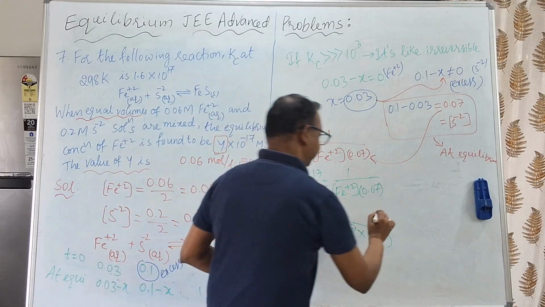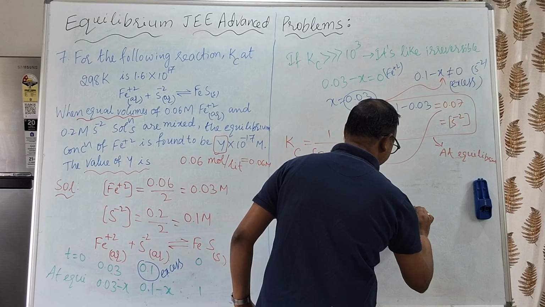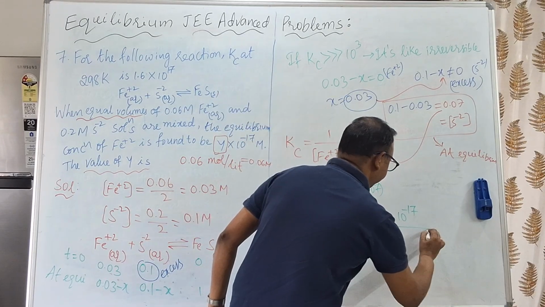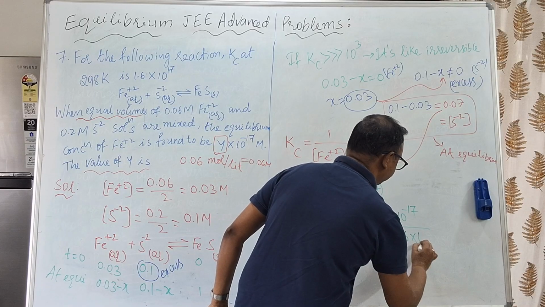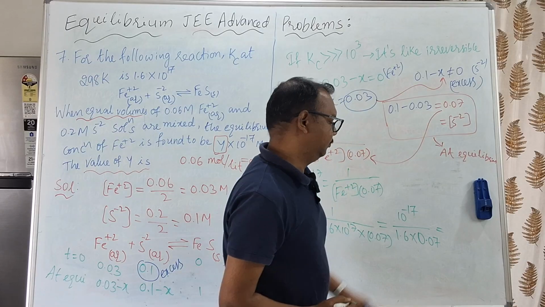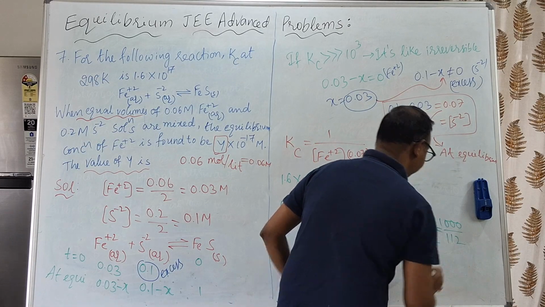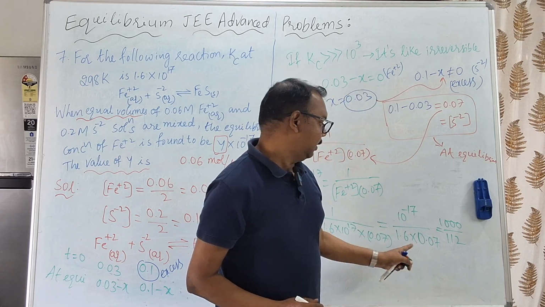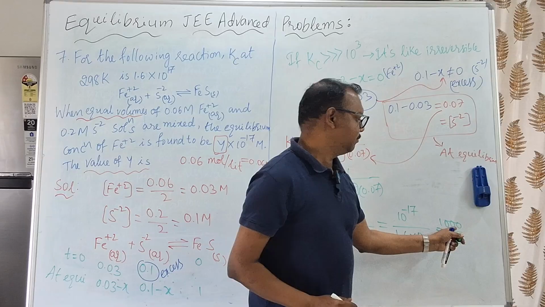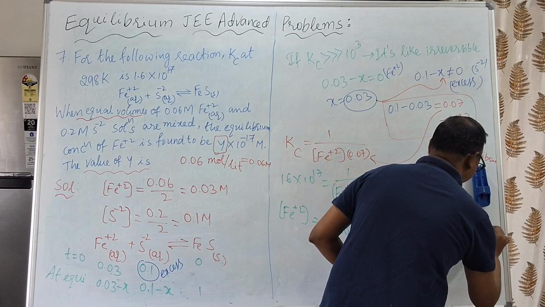Now it can be written as 10 power minus 17 by 1.6 into 0.07, because this term goes to the numerator. It can be written as 1000 by 112. 16 sevens are 112, and there are 3 decimals, so the numerator becomes 1000. 1000 by 112 into 10 power minus 17.